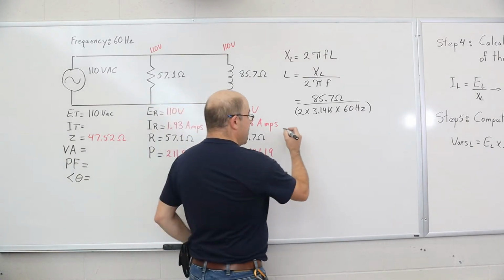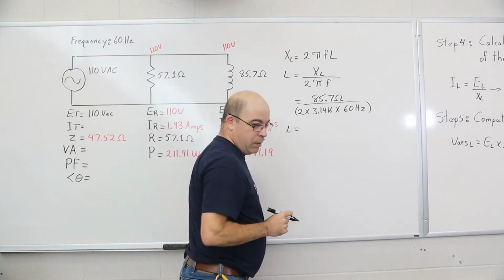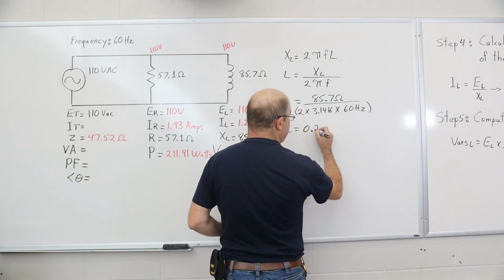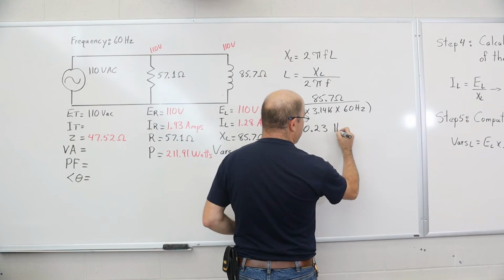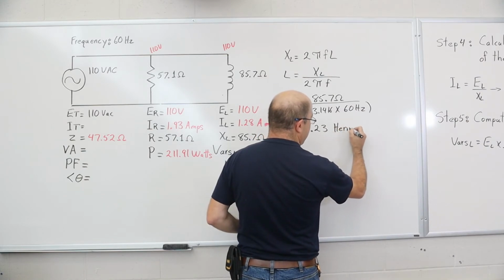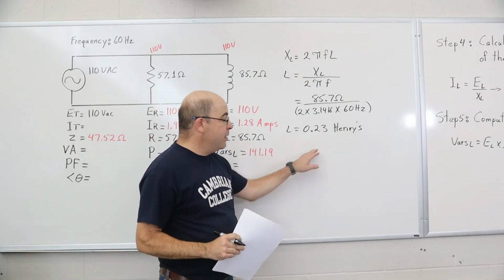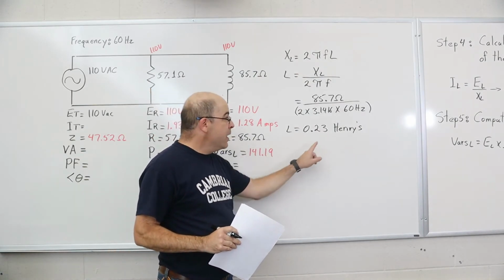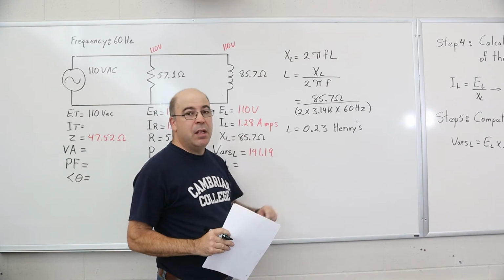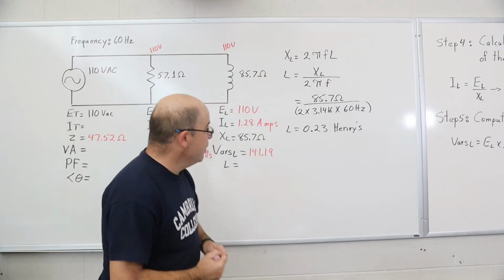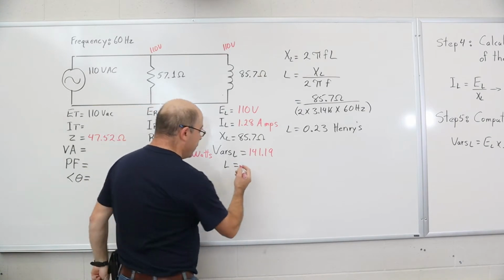If you've done this successfully, your answer will end up being 0.23 henries. The value of inductance is expressed in henries, and this is a value that has been rounded to 2 decimal places. So let's input that into our chart.